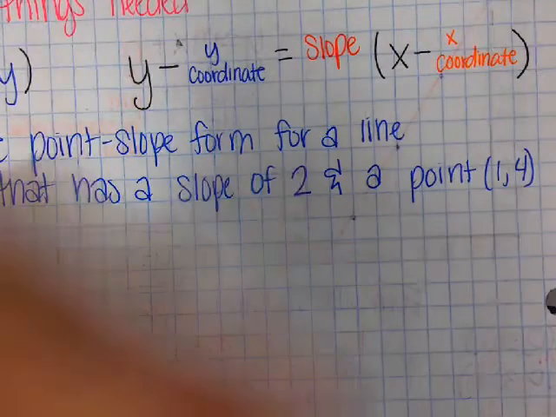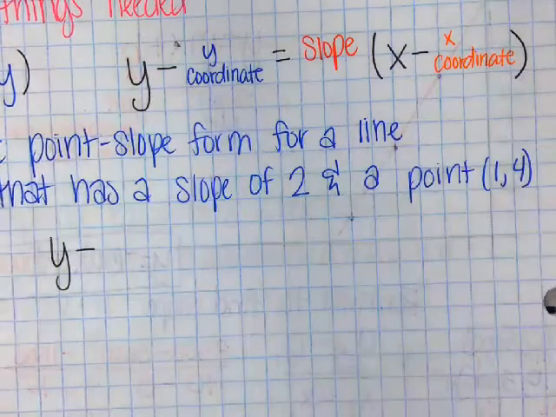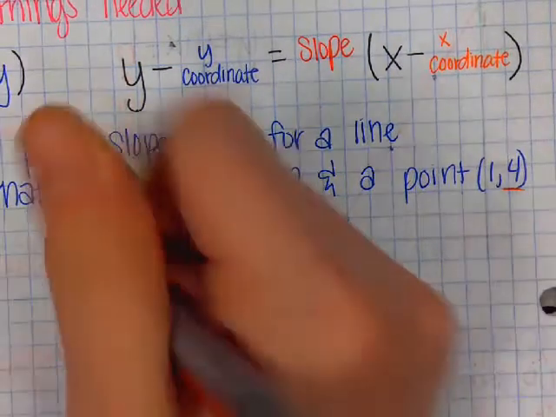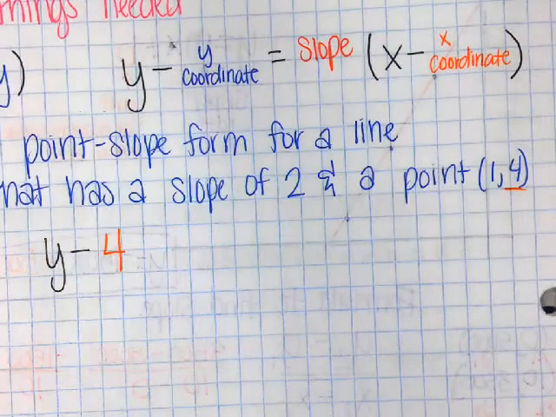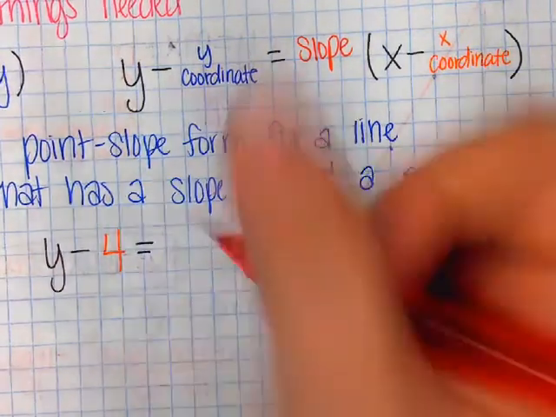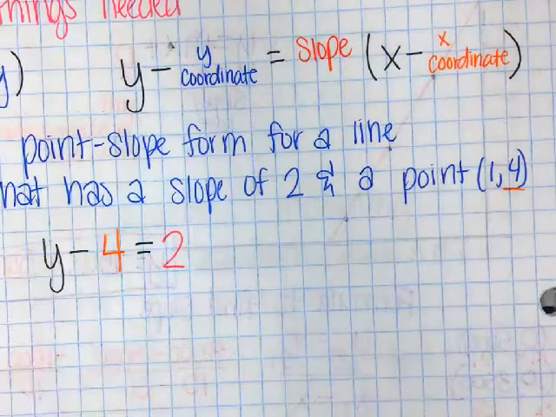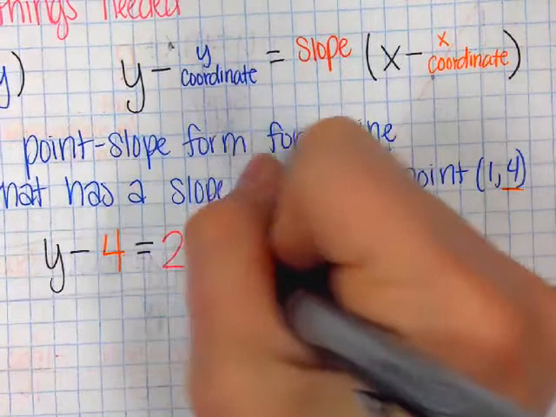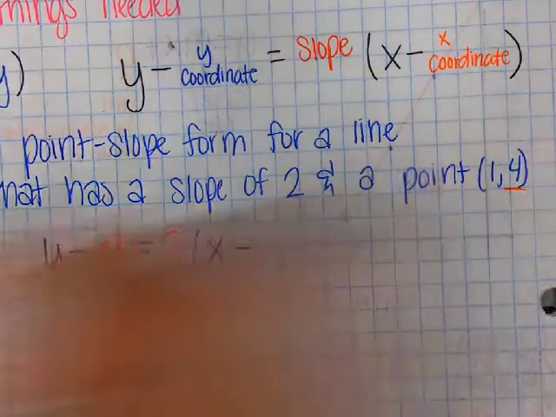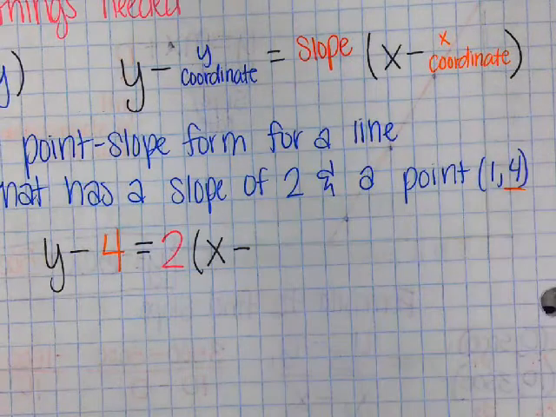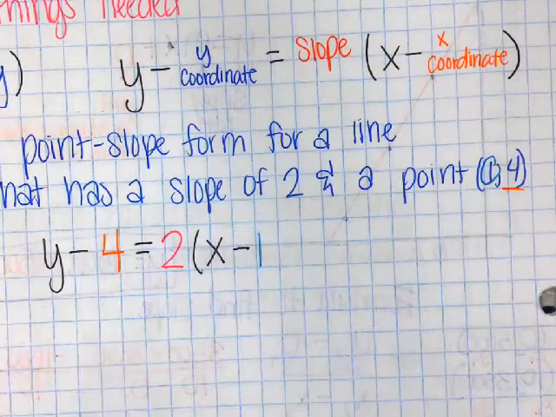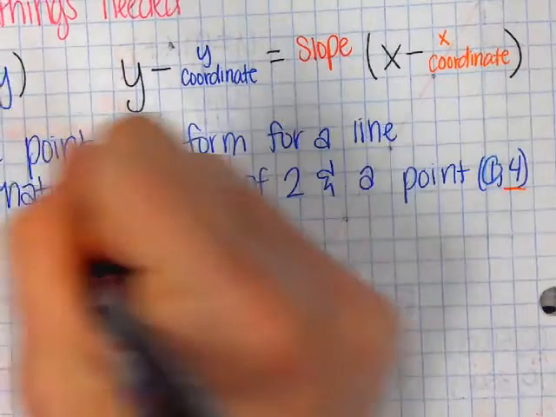So it would be y minus the y coordinate of that point. The y coordinate of that point is 4, so it would be y minus 4 equals, the slope is 2, so I'm going to do 2 parentheses x minus the x coordinate, which is 1. So that is the point slope form.